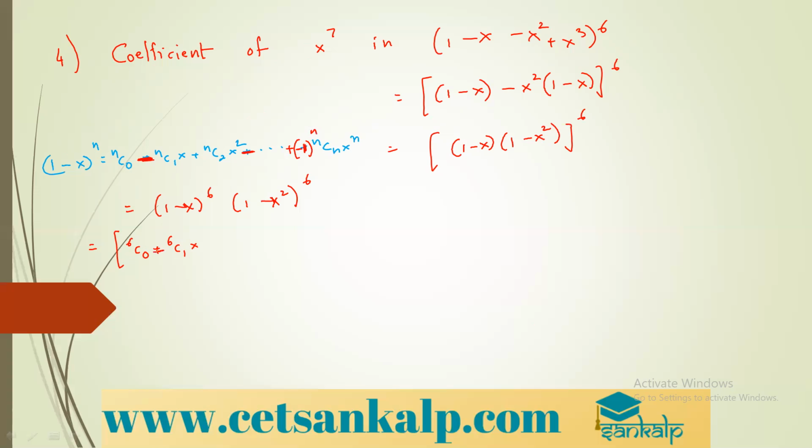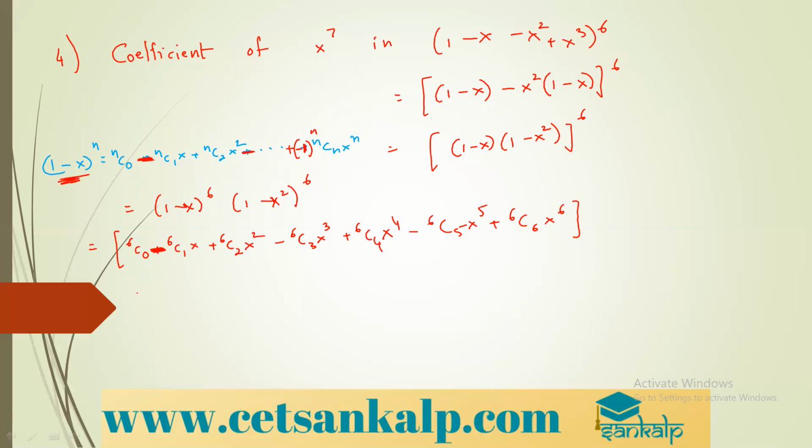It is 1 minus x; if it is 1 plus x, all will be positive. So minus 6C1 x plus 6C2 x square minus 6C3 x cube plus 6C4 x power 4 minus 6C5 x power 5 plus 6C6 x power 6.